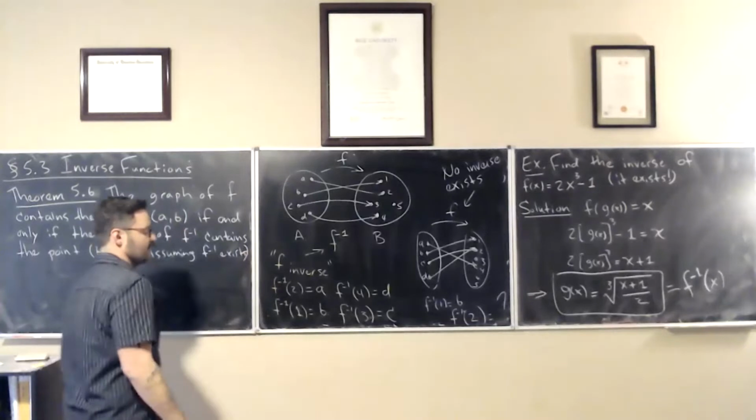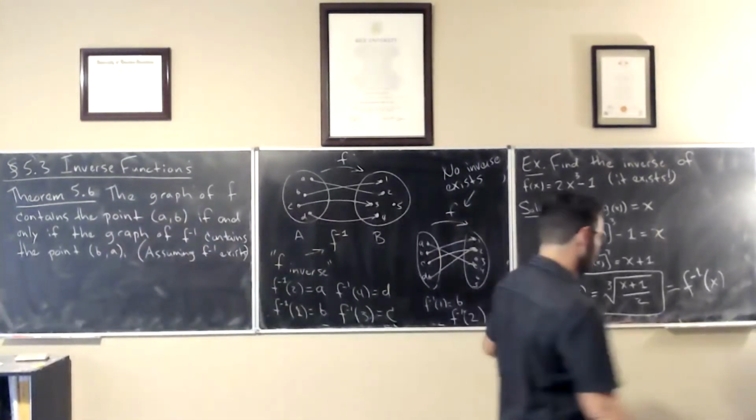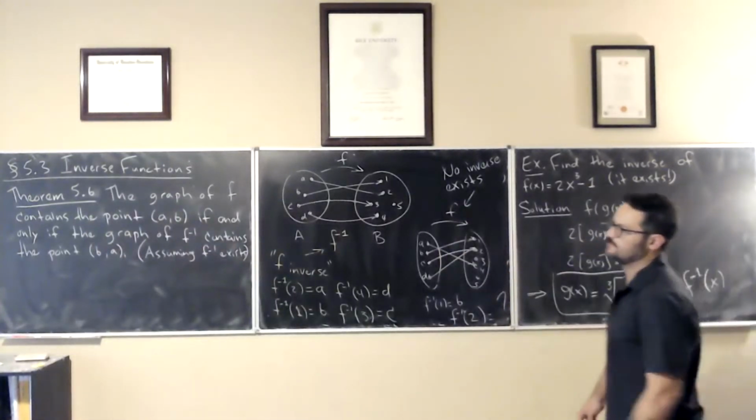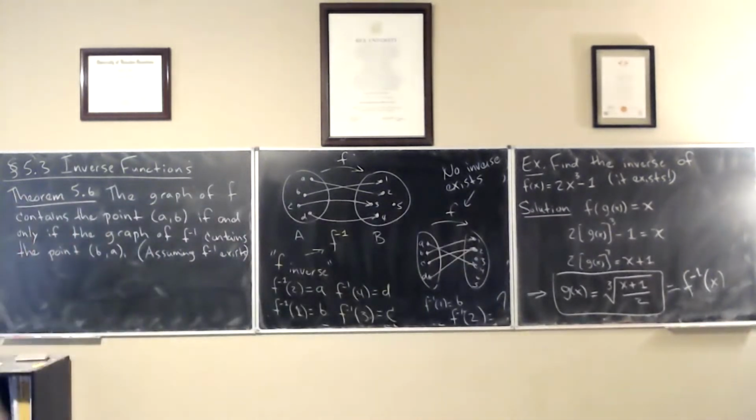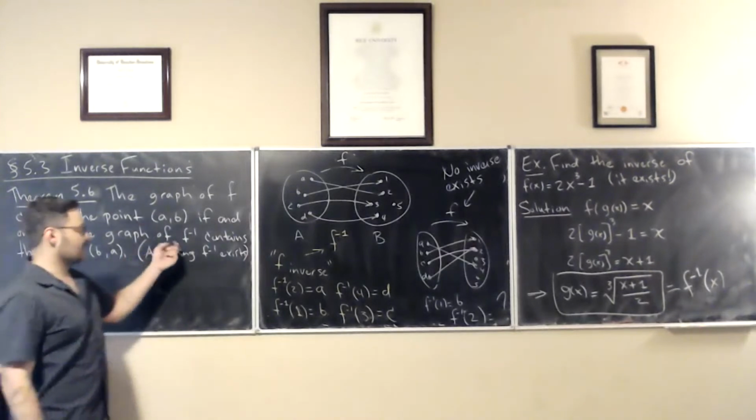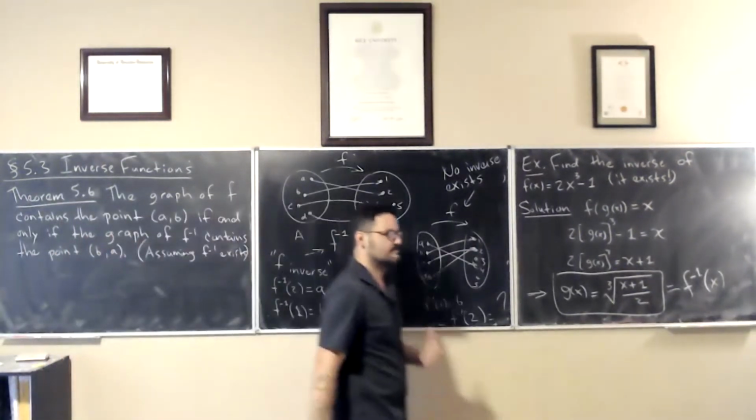So if the function has an inverse, then this biconditional statement must hold: the graph of f contains the point (a, b) if and only if the graph of the inverse contains the point (b, a).